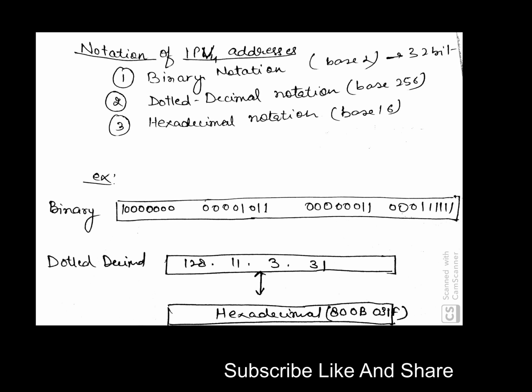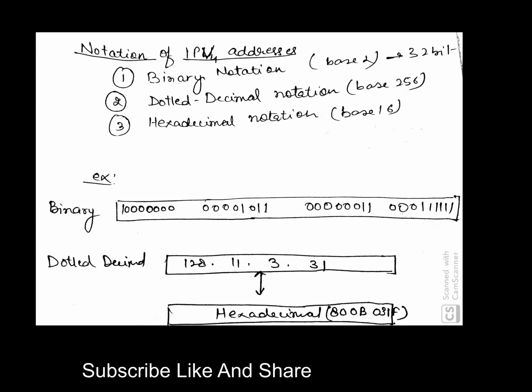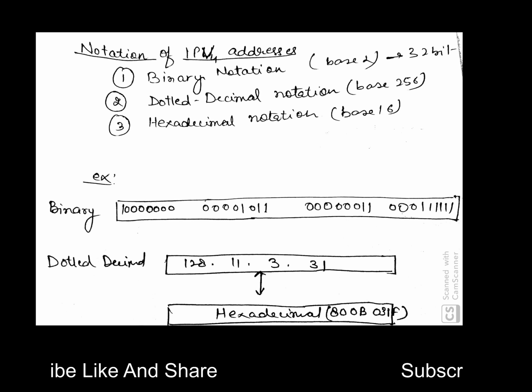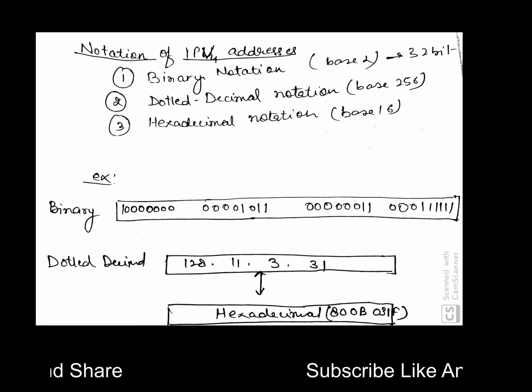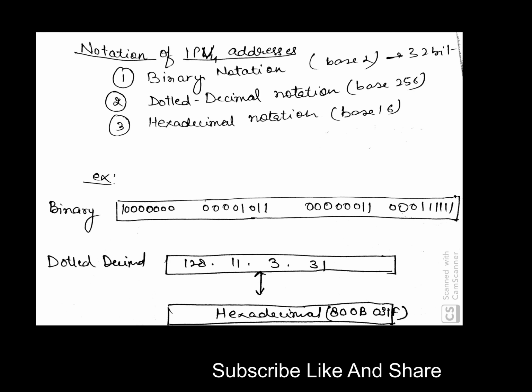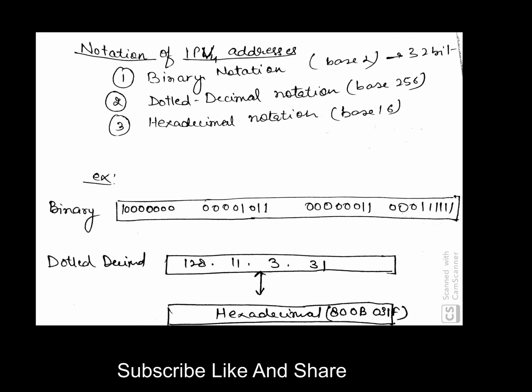So we wind up the lesson, and an important note about the IPv4 address is that a 32-bit IPv4 address is hierarchical, divided into two parts. The first part is called the prefix, which defines the network, and the second part is called the suffix, which defines the node.